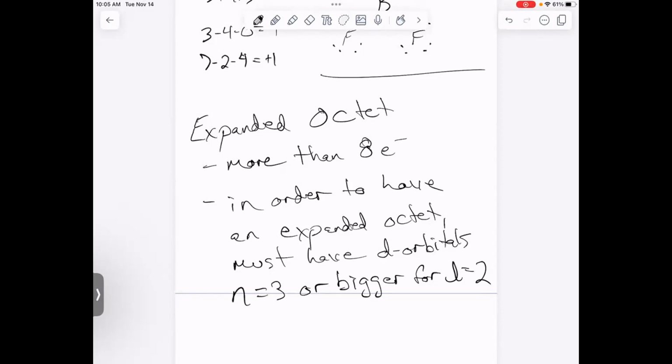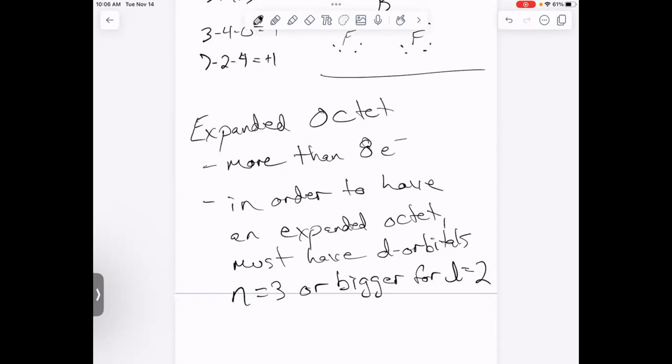In particular, we're never really going to see sodium or magnesium use d orbitals, but something later in the third row, like phosphorus or sulfur or chlorine, those have d orbitals, they're just empty. Because the 3d, we don't really start filling until after the 4s, from some of the electron configuration things we did before. But phosphorus, sulfur, chlorine have d orbitals there, technically, for that third energy level. They just don't have any electrons in them.